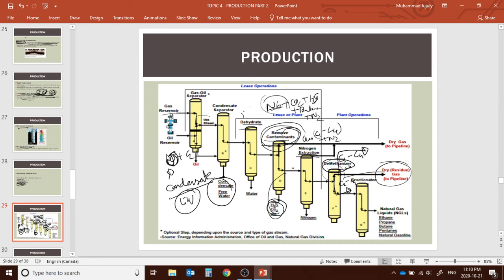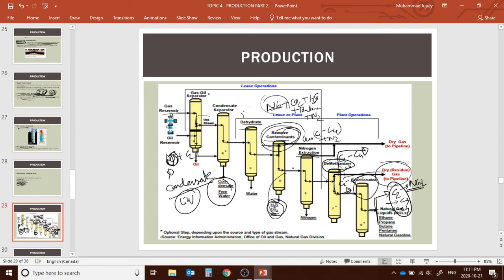Here you have the fractionator. It enters through the fractionator, and from here you get the outlet of C2, C3, C4, and sometimes C5. All these can be compressed easily and sold as NGL, natural gas liquids.